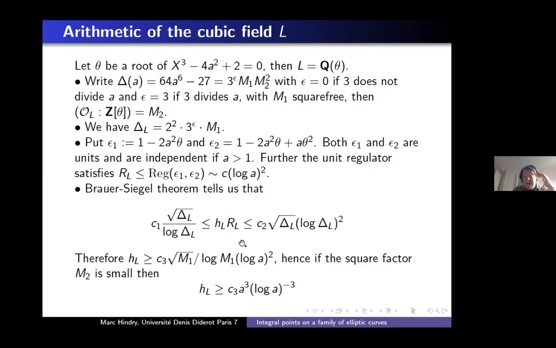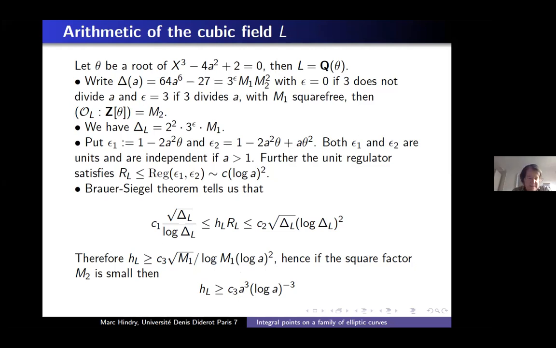Since you have a bound for the regulator, you deduce that the class number should be large. It is bigger than the square root of M1 over log M1 times log A squared. So if, for example, you take the Lee-Louboutin hypothesis, with no square factor, then actually the class number grows like A cubed.